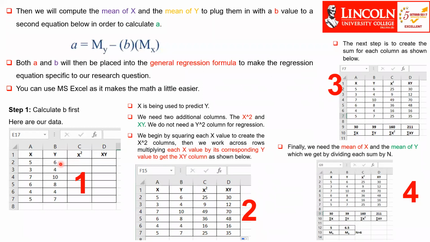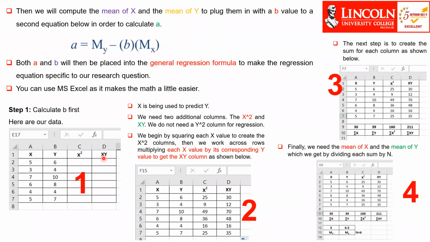Or you put the equality sign, you select this, then you put the caret sign, then you put 2, then you press enter. That will be computed for this. Then all you need to do is just drag this particular cell through these ones, and that will be computed for the other values of X.